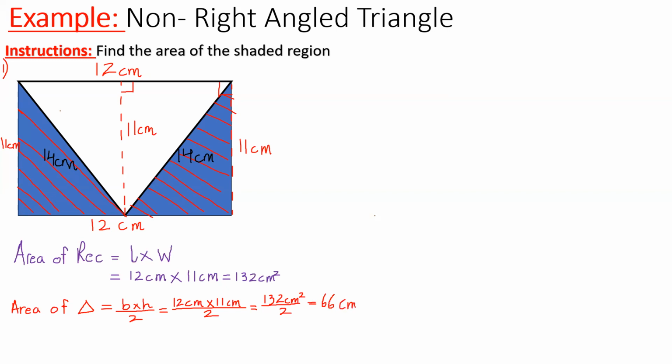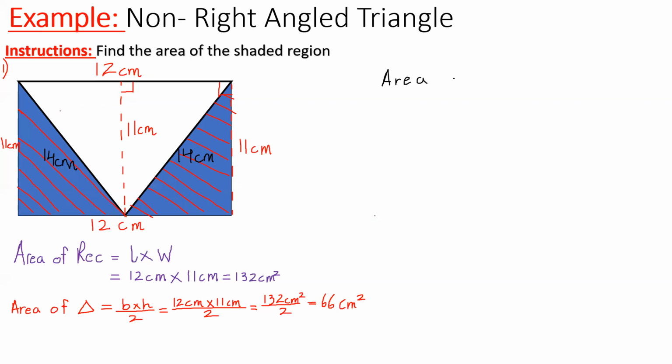All right. Are we done? No, sir. What do we need to do? Subtract. We need to subtract the area of the rectangle and the area of the triangle. What we need to find is the area of the shaded region.